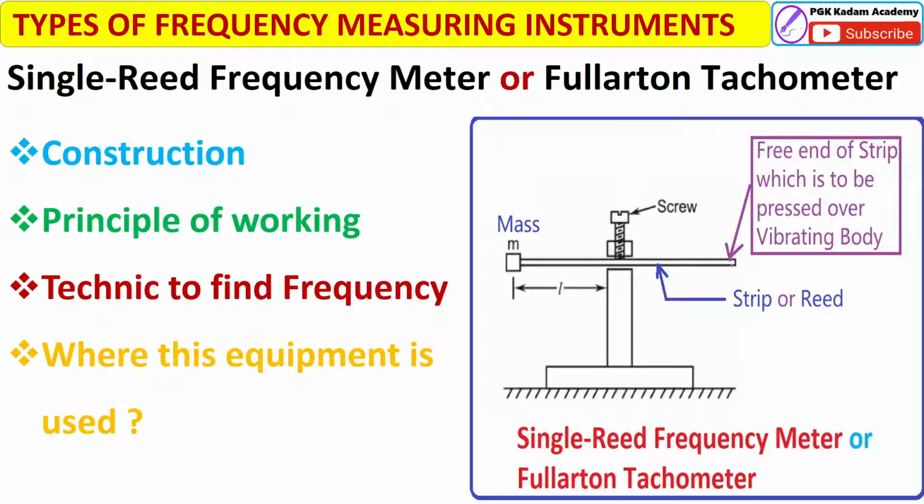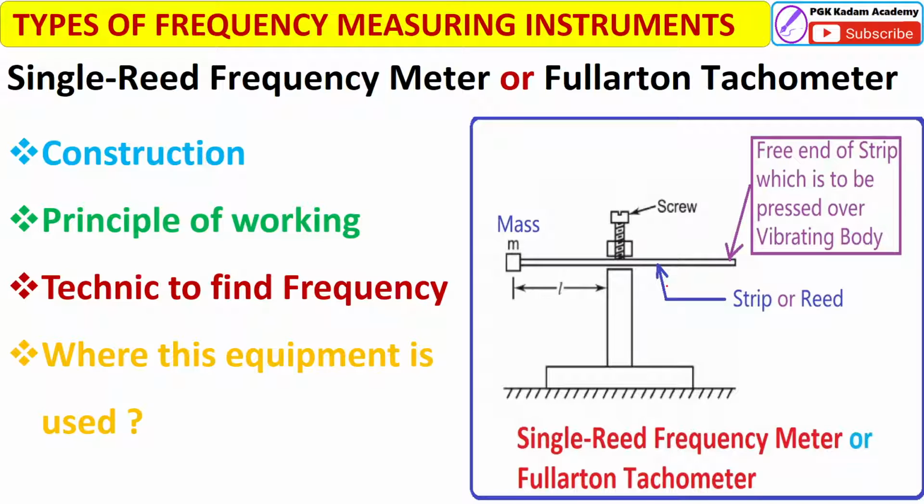The free or cantilever length of the strip or reed, L, can be changed by means of a screw mechanism. Therefore, each free length of strip or reed corresponds to a different natural frequency of the strip. The different free lengths of the strip or reed are calibrated for natural frequencies. The screw mechanism is adjusted to change the length of the strip till the amplitude of vibration becomes maximum.